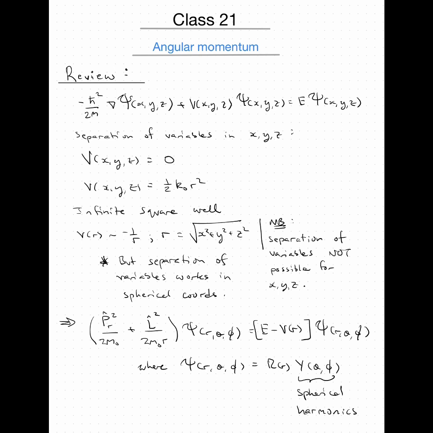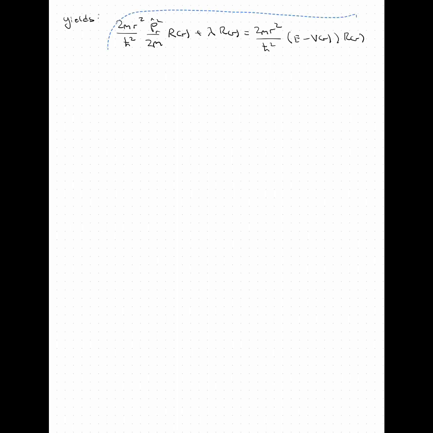And if we plug this solution back into the Schrödinger equation for spherical symmetry, we will get the following. Let's call this equation number 1.